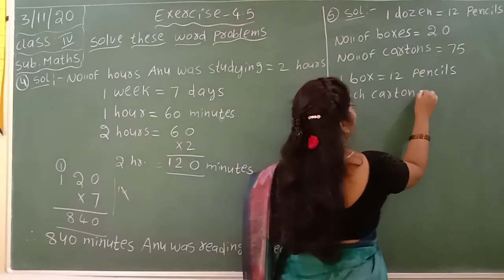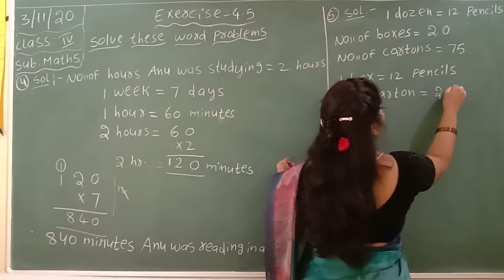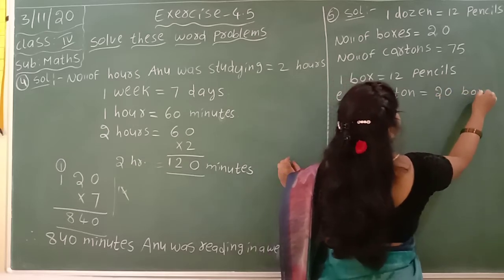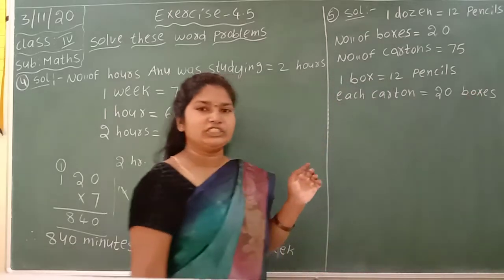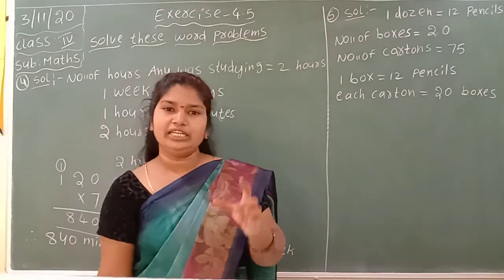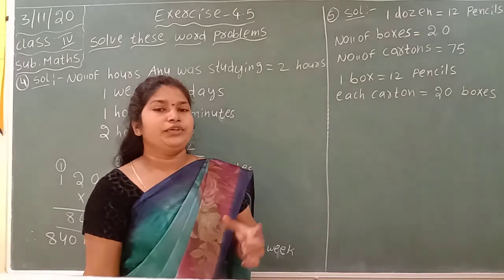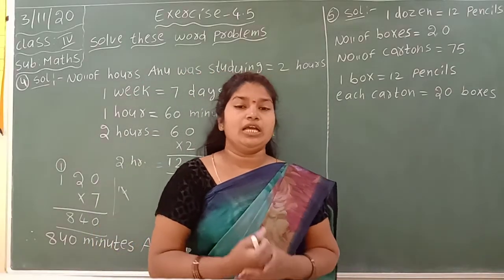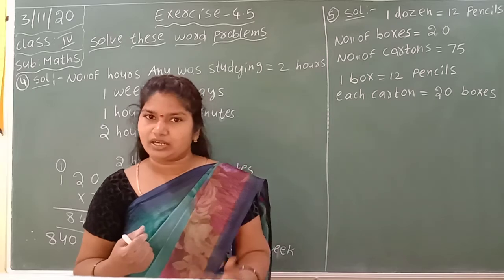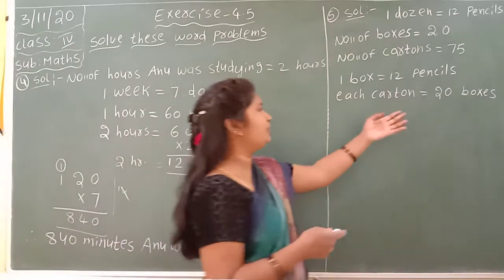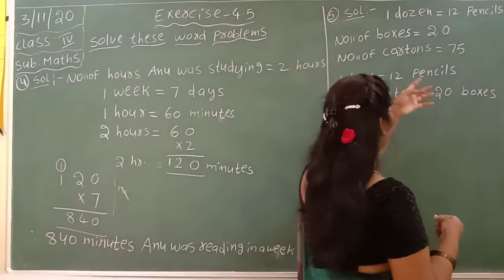Each carton is equal to 20 boxes. Now they are asking in 75 cartons how many pencils are there? First you have to do the multiplication of this number and this number.